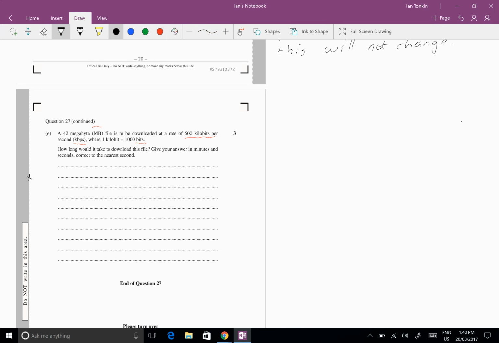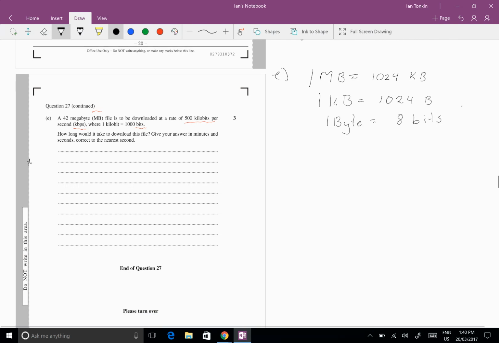So let's get some things down that we know. 1 megabyte, so this is question E, 1 megabyte equals 1024 kilobytes. 1 kilobyte equals 1024 bytes, and 1 byte equals 8 bits.